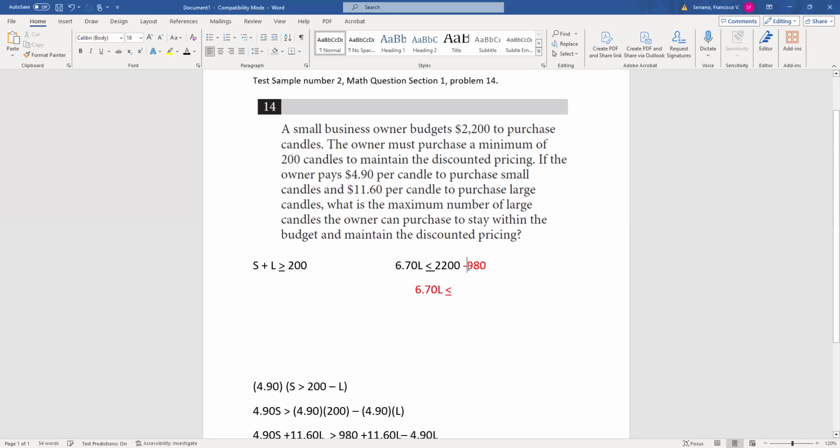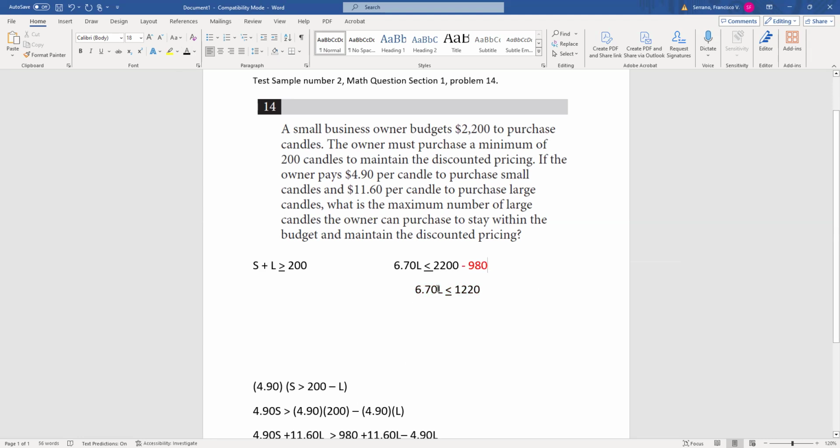What would be 2200 minus 980? Using your calculator, you get 1220, and I don't like the red, so let me put it back in black. How do we solve for L?